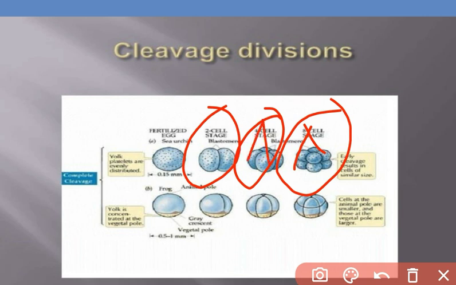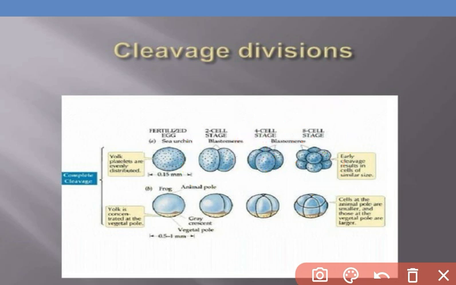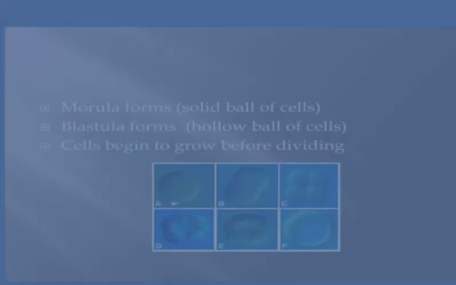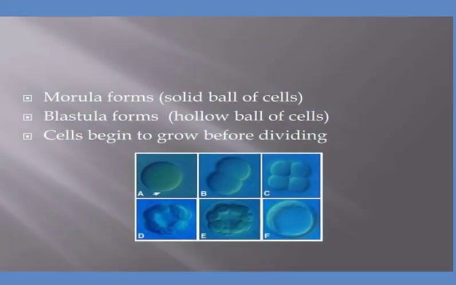Here 4 blastomeres and 2 blastomeres. Early cleavage results in cells of a smaller size. The morula forms, it is a solid ball of cells. Blastula forms hollow balls of cells.